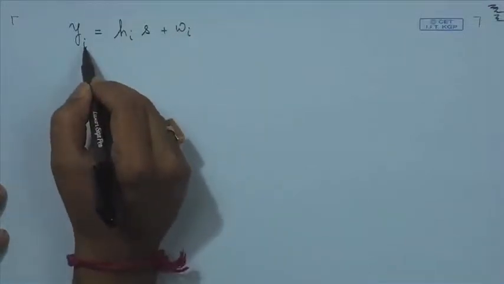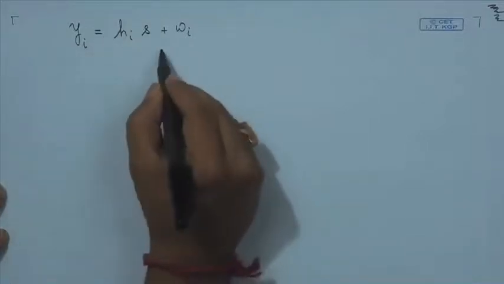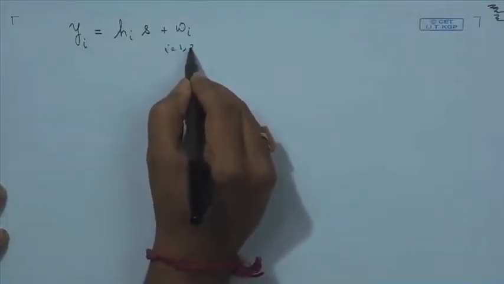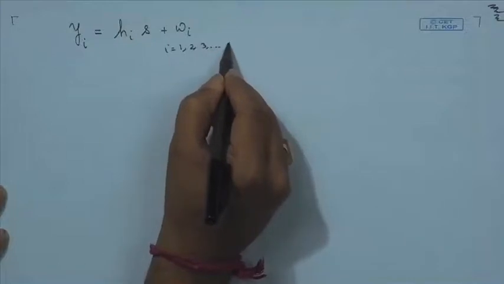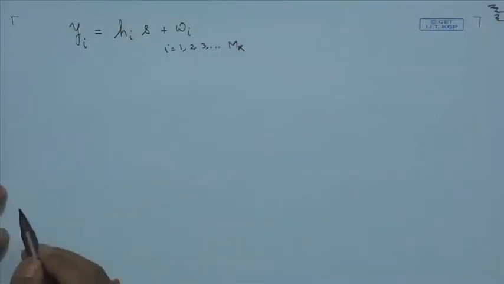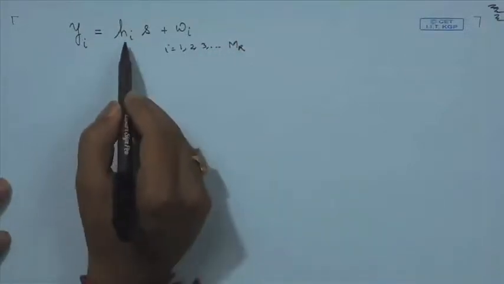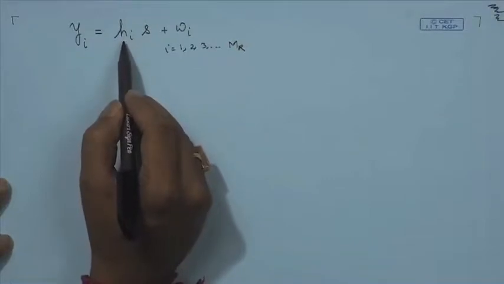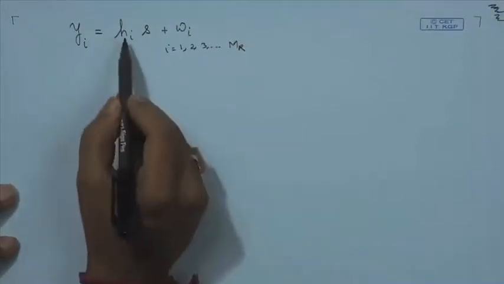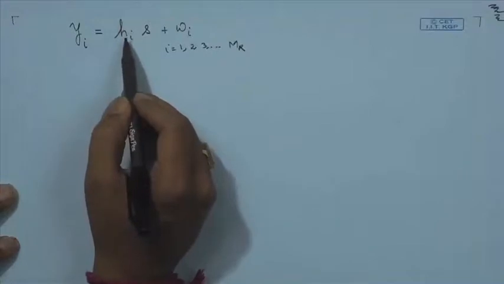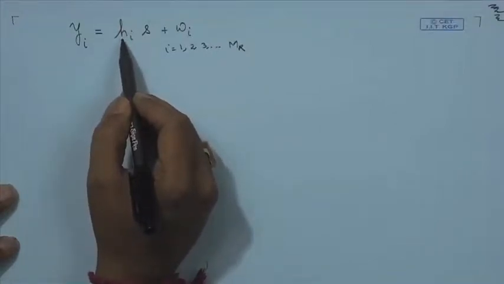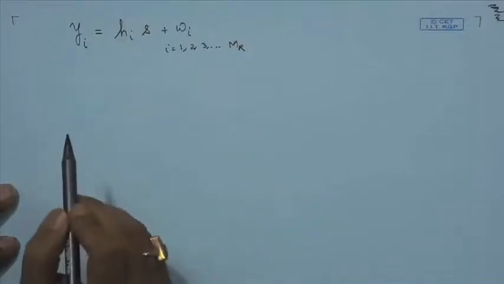Here i indicates the ith branch, and i is equal to 1, 2, 3 up to m_r, the number of received branches. h is flat, it is slow, and it is a stationary process. We have already said we will assume wide-sense stationarity, uncorrelated scattering, and a homogeneous channel for this.